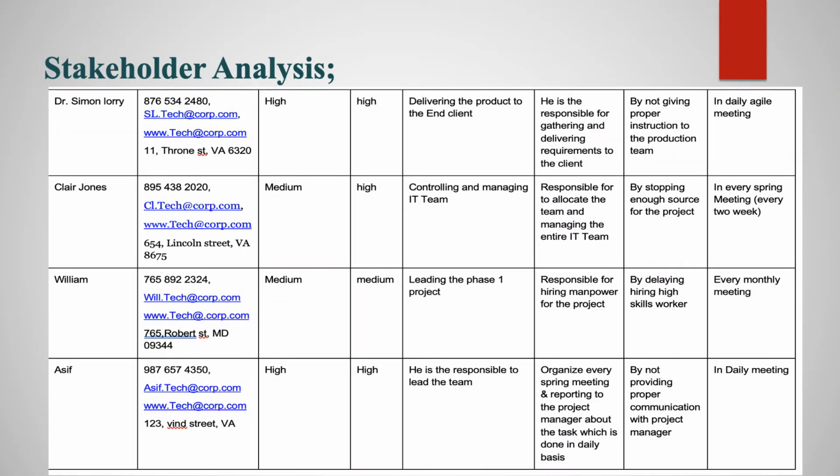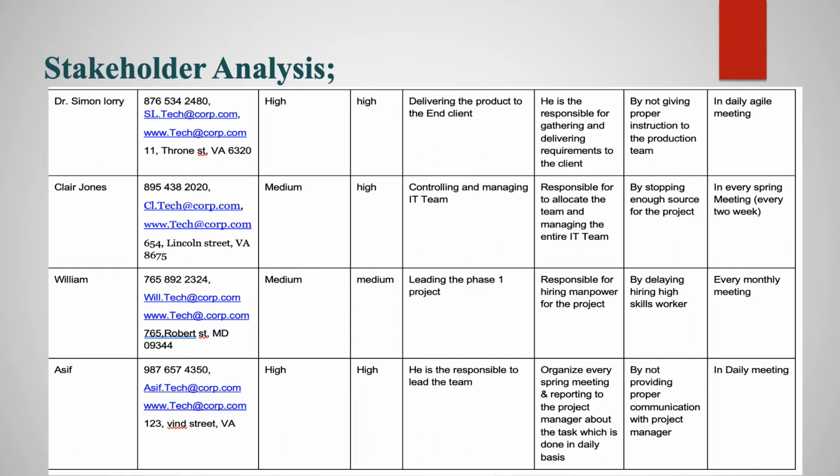Then you can see we have to prepare the stakeholder analysis. For Laurie, his contact info you can see here. His involvement is rated high, meaning how much he is involved in this project.